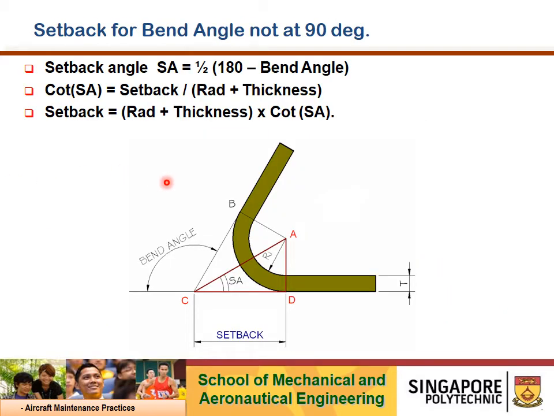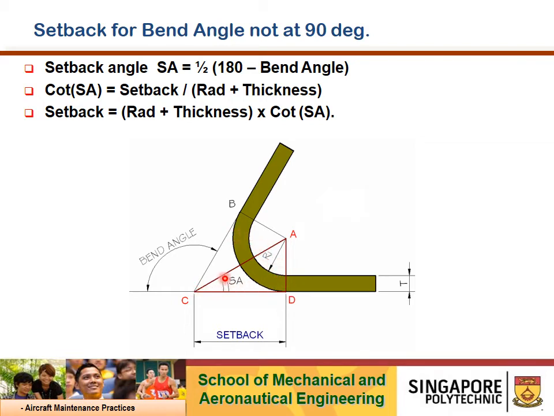All right, so let's say your angle in this case is more than 90 degrees. It's quite similar. If the bend angle is more than 90 degrees, in this case maybe 120 or 135, I'm not sure, it's not stated, what you can do is subtract the bend angle from 180 to get the remaining angle of bend.